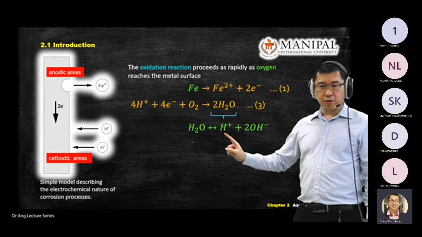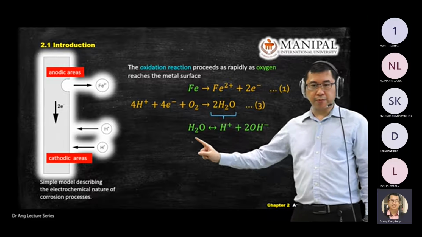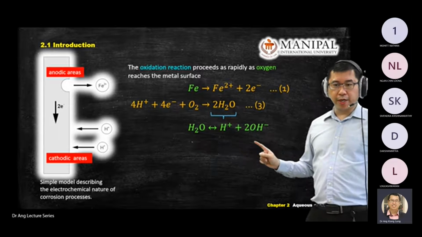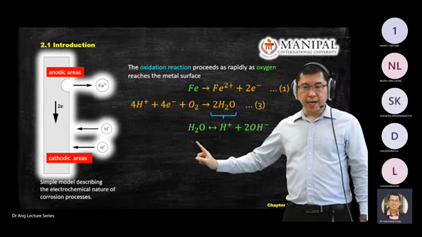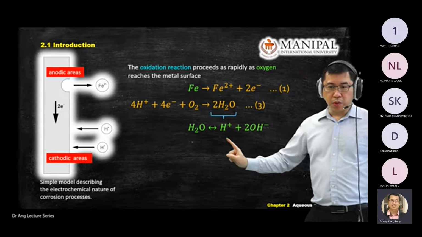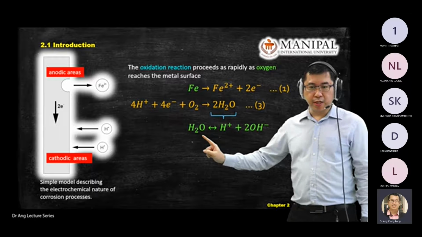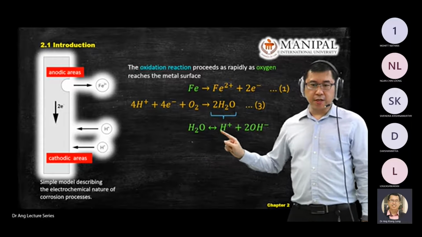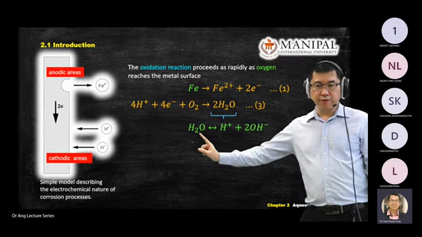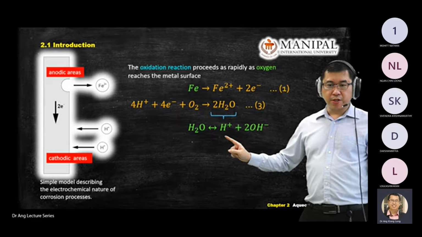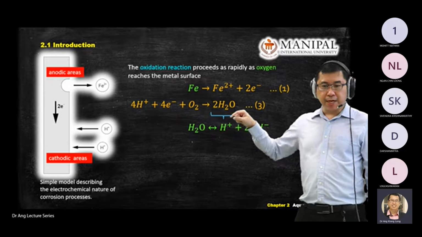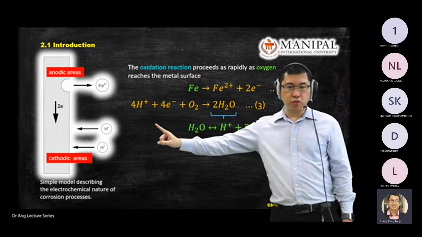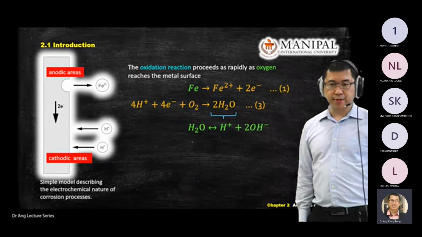So how you get H positive, you break from water. Sometimes you get it from water, sometimes you get it from OH. Then you combine with the knowledge you know from this one. You know that the water keeps changing phases from charges to solid. And sometimes this H positive will go into the depolarization process.